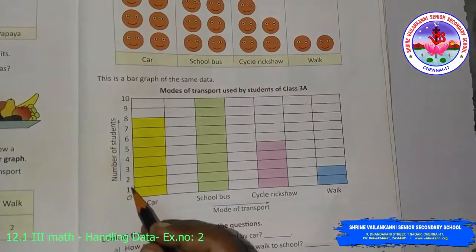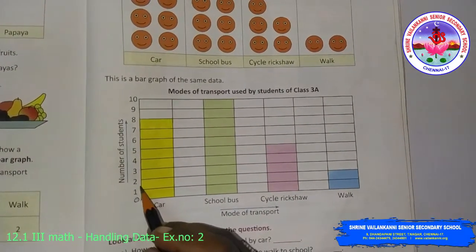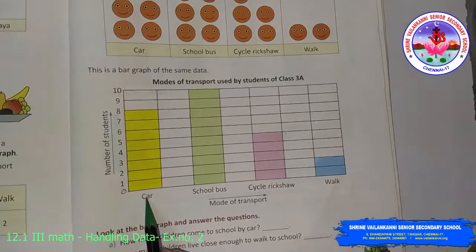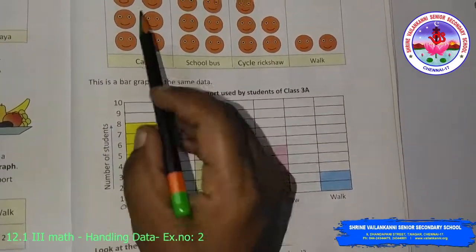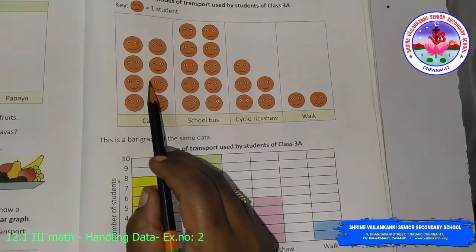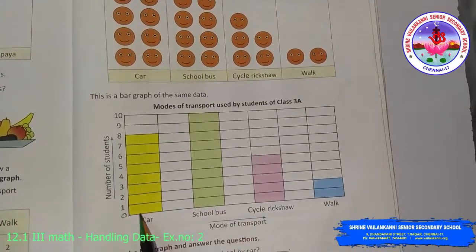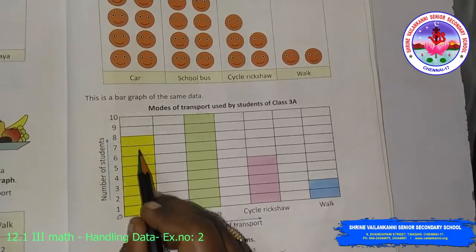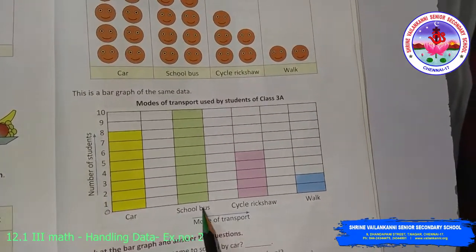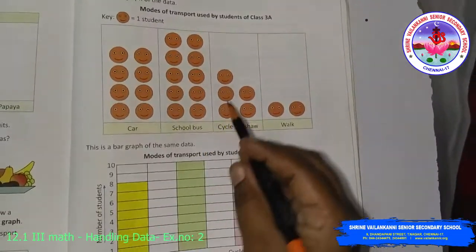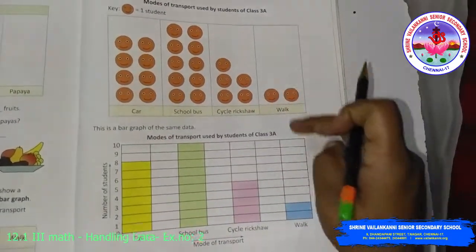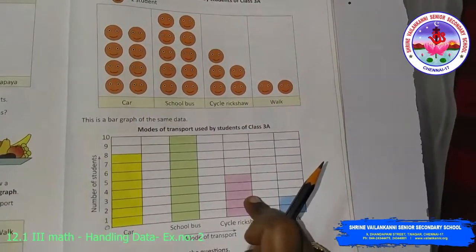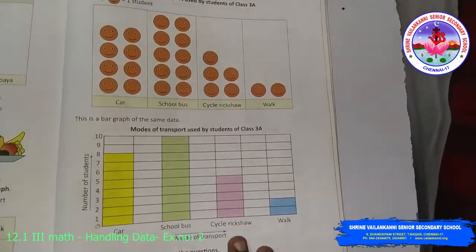The number of students traveling by car is 8. The 8 pictures given earlier are the same 8 colored boxes here, 1 to 8. School bus is 10. Compare both: they are different graphs, pictograph and bar graph, but representing the same data.